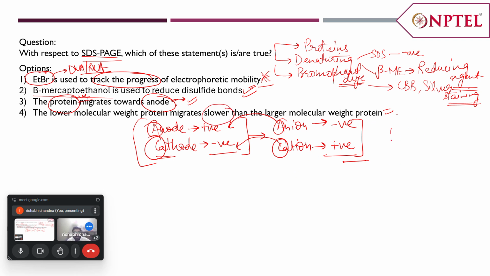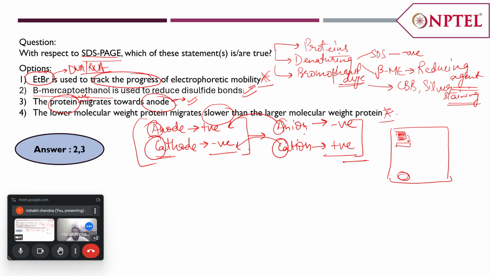Whenever we add a sample to a gel, be it an agarose or a PAGE gel, in the mixture of proteins the smallest protein will move the farthest. So it will not move slower, and the larger protein will remain nearer to the well where it has been added, because it has a large size and will not move much distance. So the fourth option is also wrong. The correct answer is option number 2 and 3.